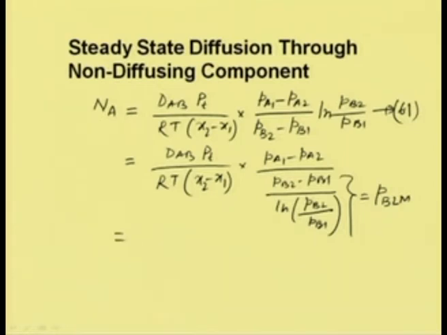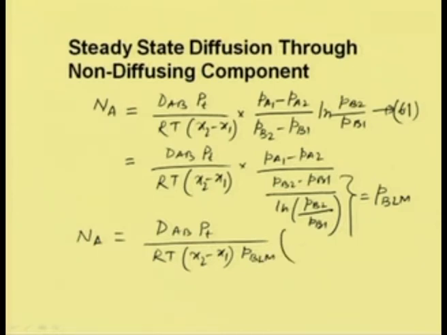Then we can write the flux N_A will be D_AB P_t, total pressure, divided by R T (x2 minus x1) P_BLM into the partial pressure difference P_A1 minus P_A2. So, this is equation 6.2.